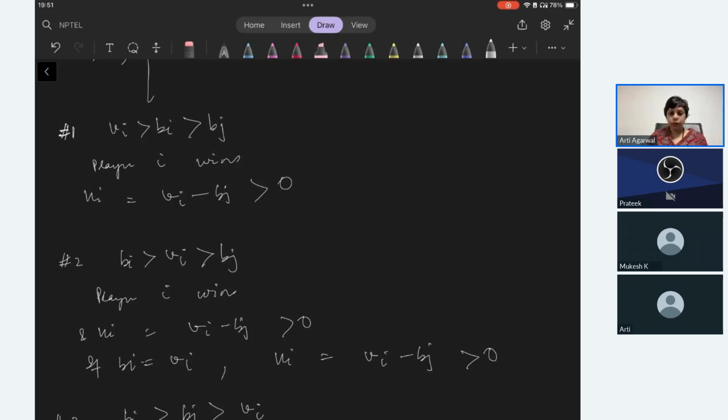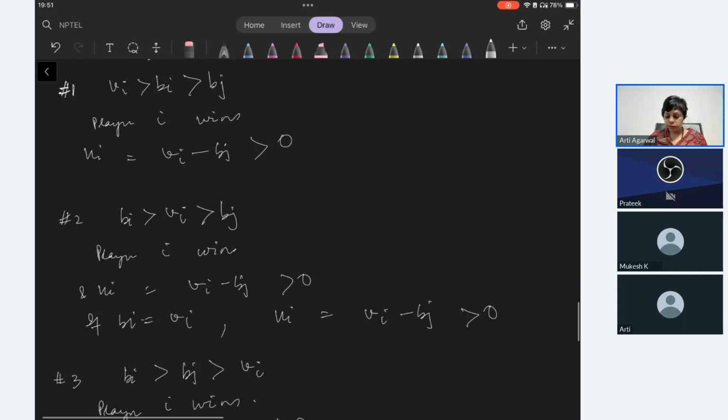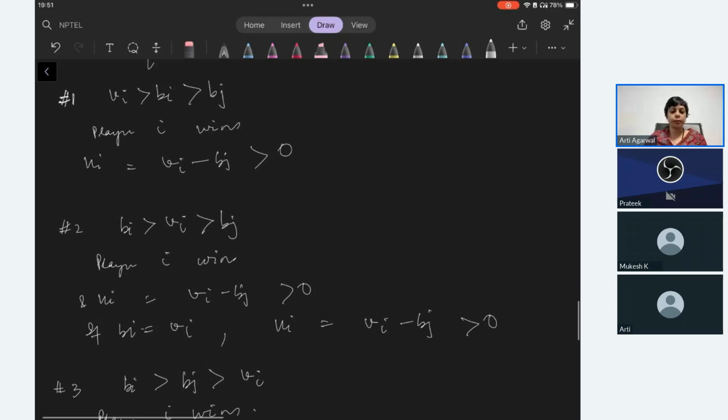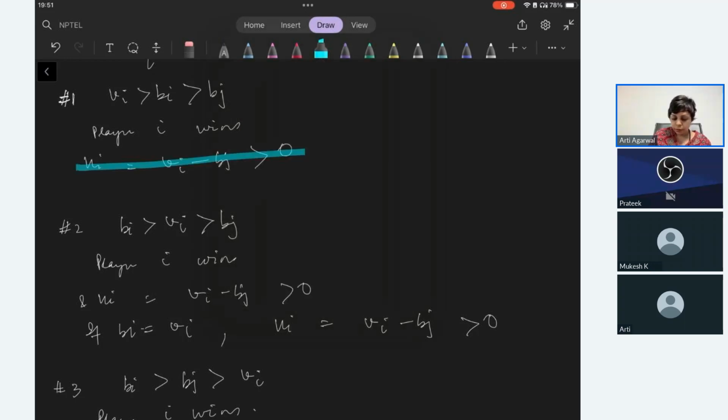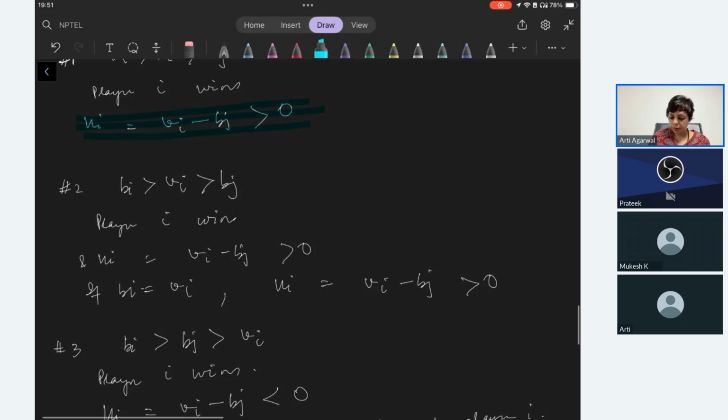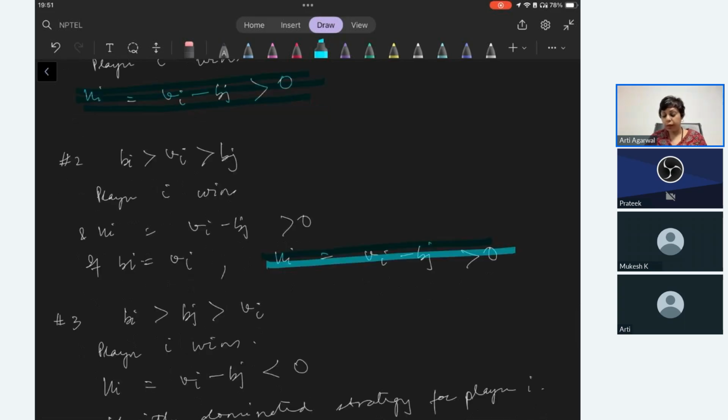So in the first and second case, basically what you see is that there is no huge difference. Even by bidding higher than vi, which is the second case, you get the same payoff, right? This expression, let me highlight it. ui is equal to vi minus bj, greater than 0. And here also you have ui equal to vi minus bj, greater than 0.